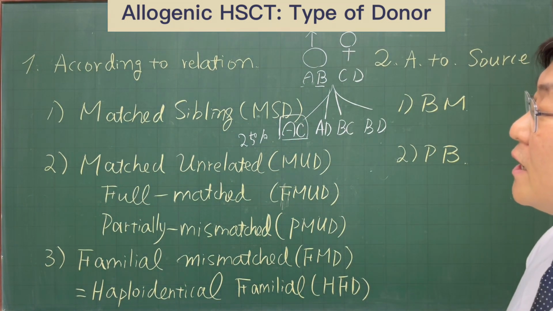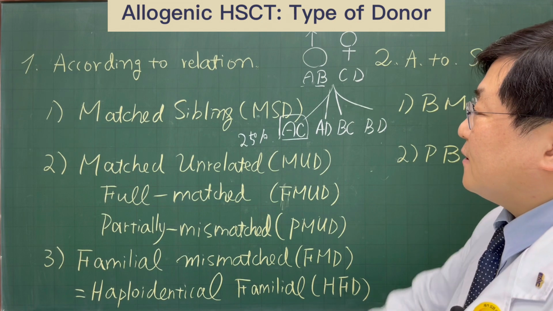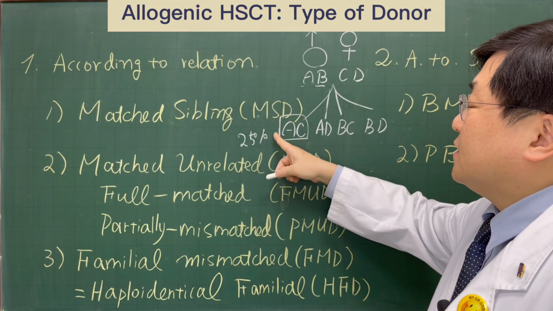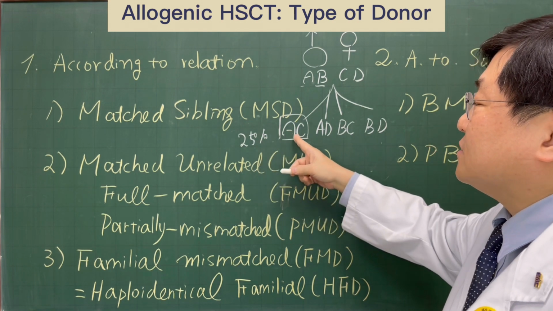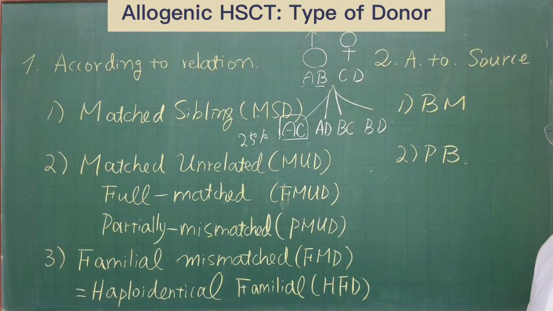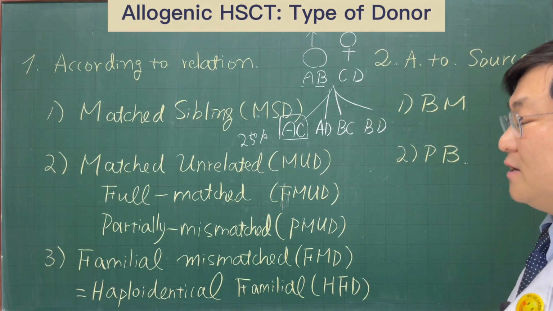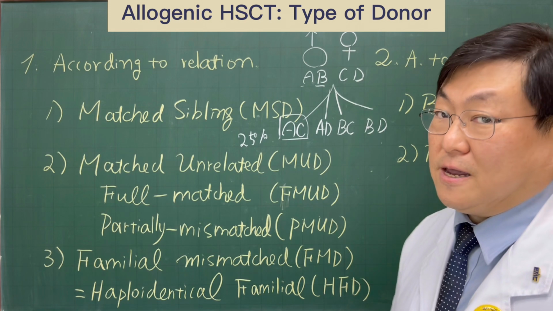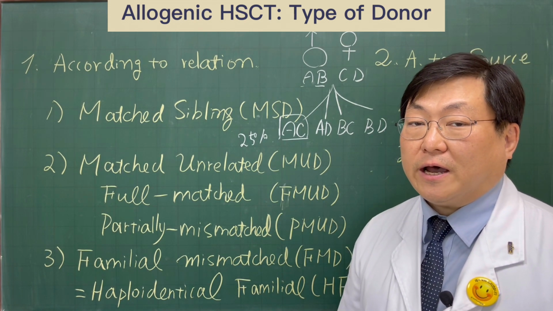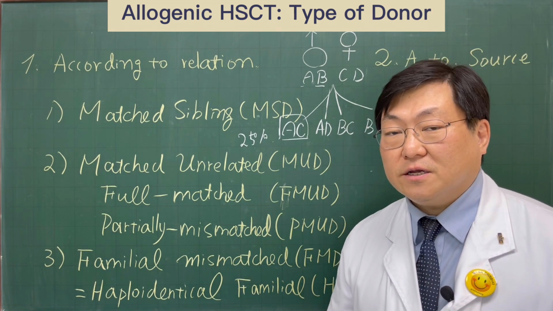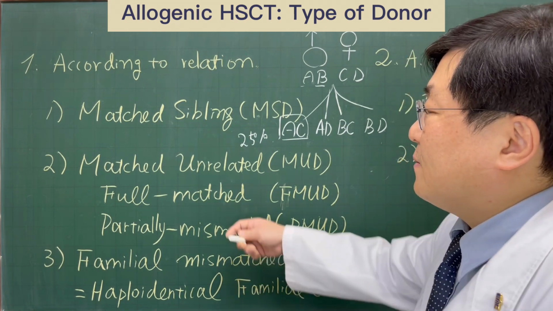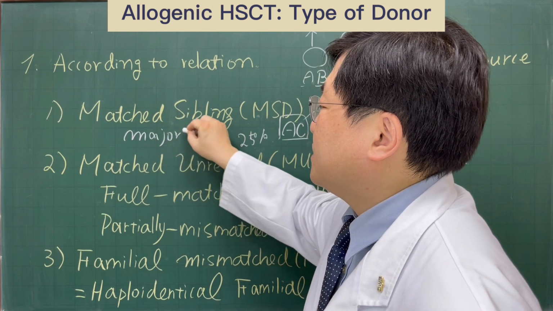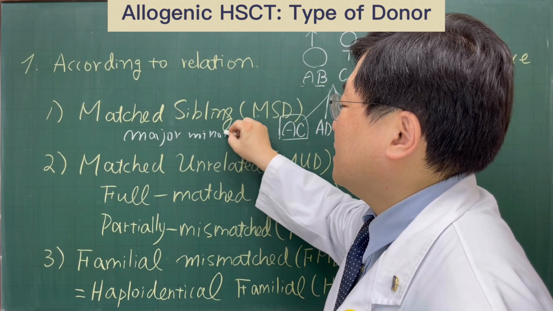So we can call this kind of donor a matched sibling donor, and when we find this kind of matched sibling donor, we can check simply the antigen-specific HLA typing, because the molecular typing will be the same if the antigen-specific type is exactly identical. And we have the major histocompatibility antigen and the minor histocompatibility antigen.